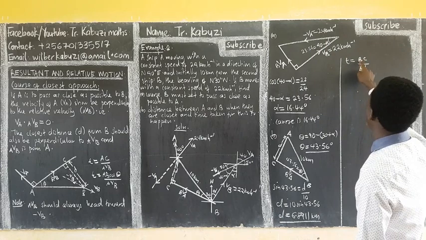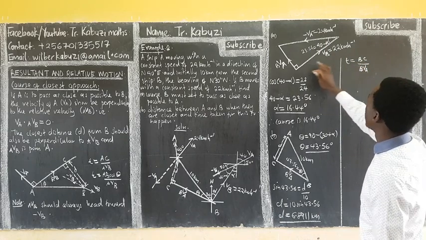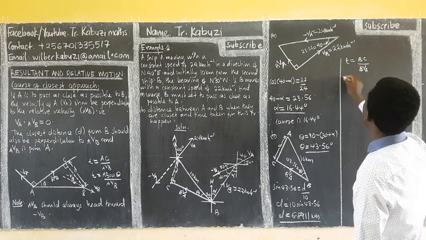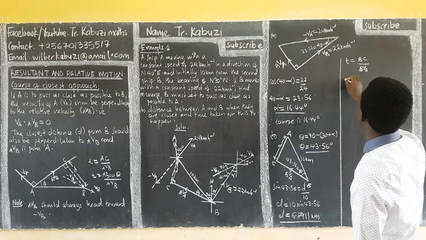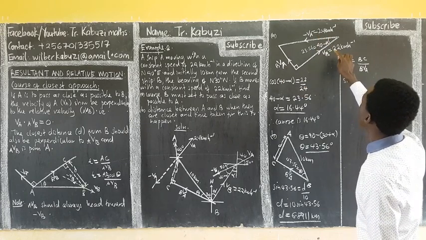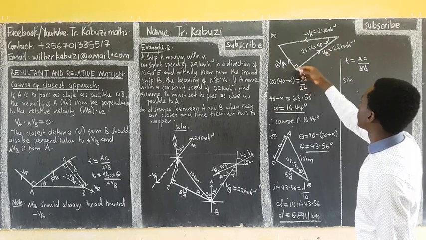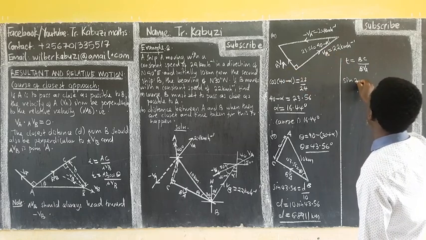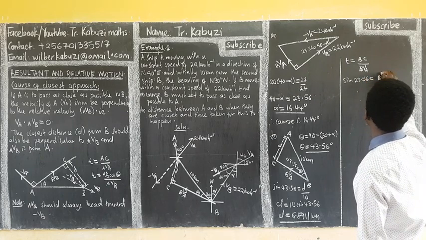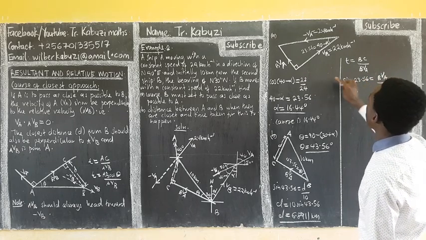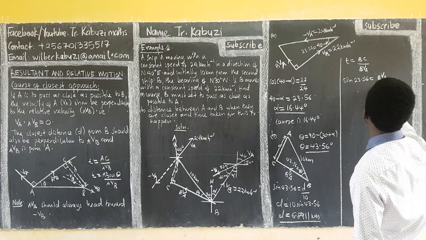So from here, let me first get this one. I have the opposite, I have the hypotenuse, so I can use sine. Sine of 23.56 is equal to the velocity of B relative to A over the hypotenuse, which is 24.